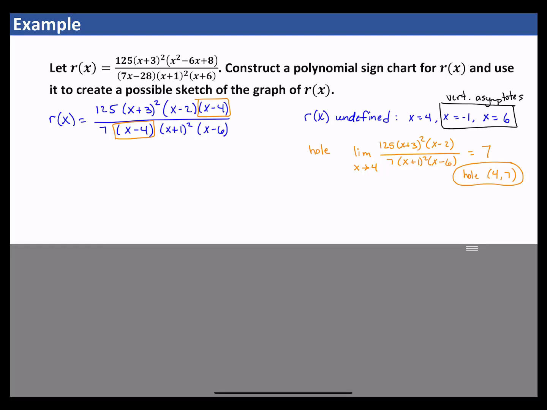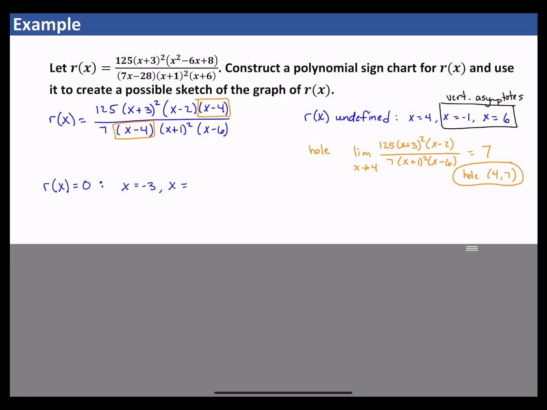But as with any sign chart, we do want to know where the function equals 0. So we know this rational function will equal 0 when the numerator is equal to 0. So we're going to look at x plus 3 squared, and that would equal 0 at x equals negative 3.